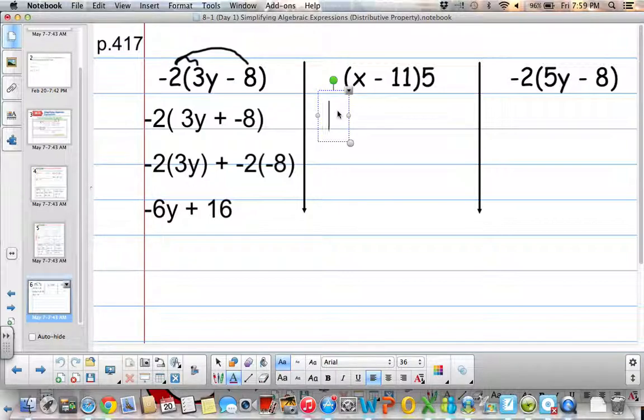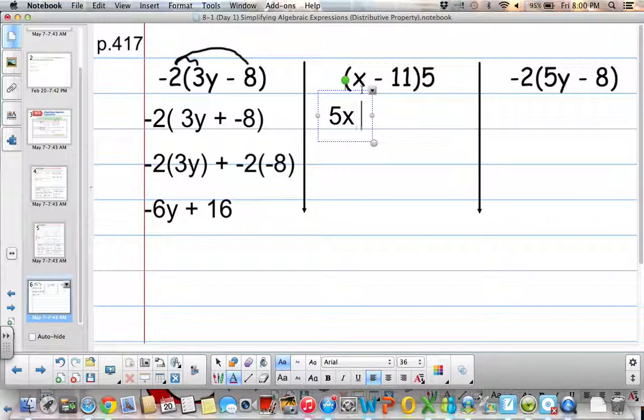Okay, here we have, and hopefully you can do this with me, or you're already doing it in your notebook ahead of me and then checking as I go. So I'm going to distribute out my 5 because it's outside of the parentheses, and inside the parentheses I have more than one term.